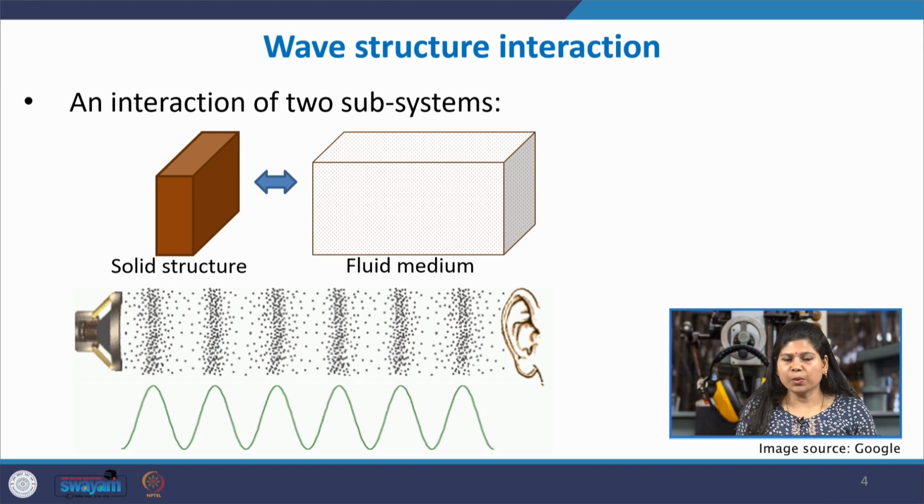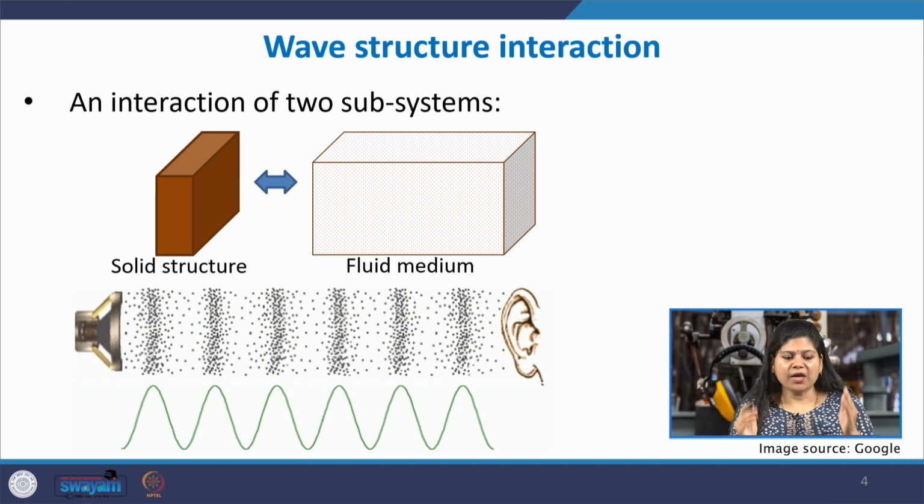These waves propagate in various fluid media and reach us. But what creates these waves, as in how are they created in the very first place? This is where we will study wave structure interaction.